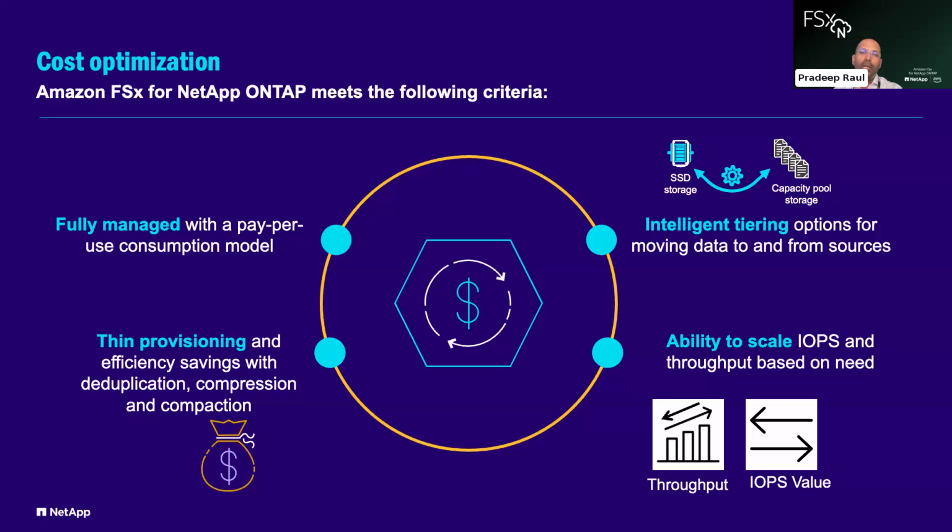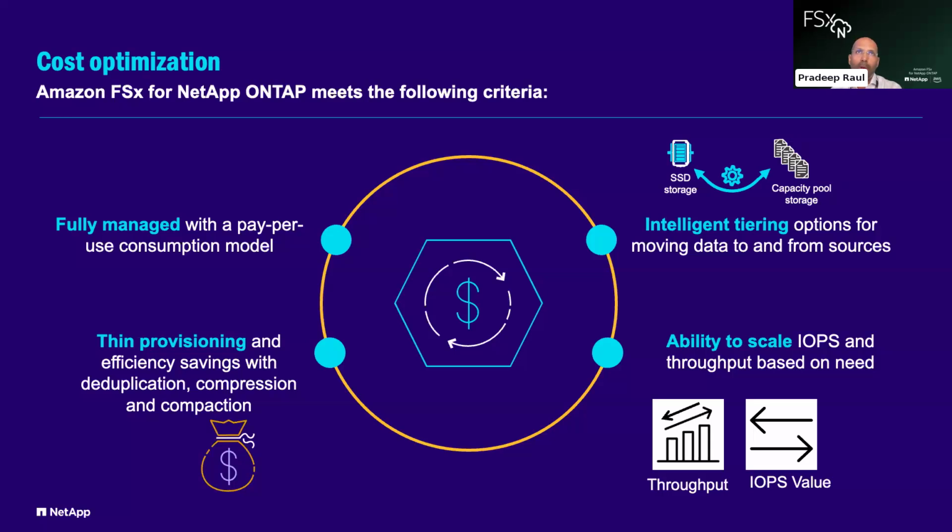It also has the ability to thin provision, along with amazing efficiency savings with deduplication, compression, and compaction. With FSx for ONTAP, on file workloads you can typically see 60 to 70% efficiency savings. Imagine a customer bringing 100 terabytes of data and the efficiency savings reduce the physical footprint of that 100 terabytes to maybe, let's say, 35 terabytes.